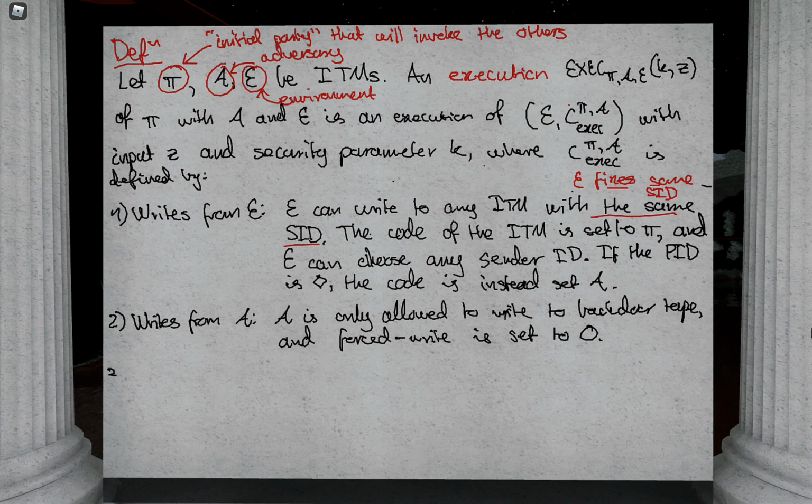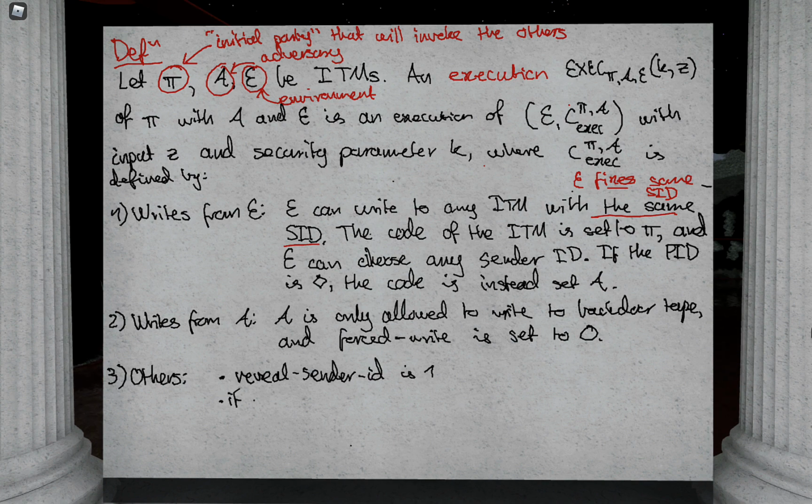Okay? And now we discuss what others can do. There's a few conditions here. Others being machines that are generated as part of the protocol Pi. So reveal sender ID must be set. In other words, the protocol has to be honest about who it is. Is 1.